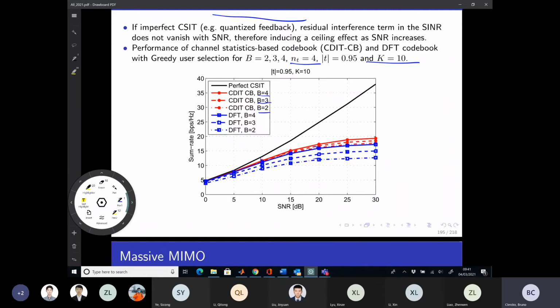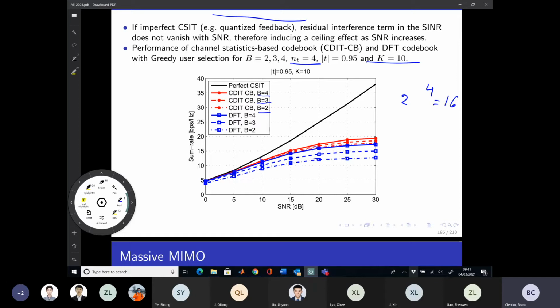So what that means is that b equal to 4 means that I have actually 16 vectors, 2 to the 4. So 16 vectors that I use to quantize the channels of each user. Right? This is typically what you would use in 4G.